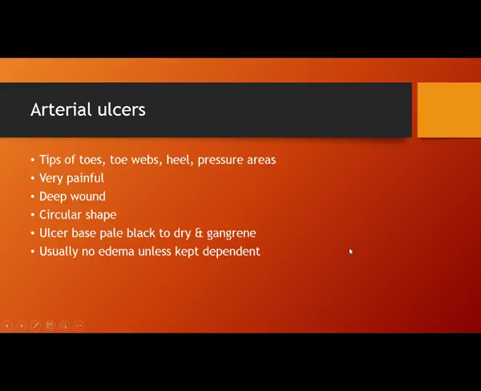Then ulcers, if they have a sore, what does it look like? First, arterial ulcers are characteristically on the tips of the toes, in the webs of the toes, the heel, the pressure areas. They're usually very painful, and the wound is usually deep, circular in shape, and the base of the ulcer can be pale black to dry gangrene. And usually there's no edema, but there might be if they keep their leg dependent all the time.